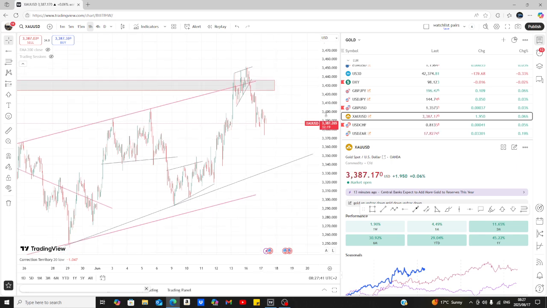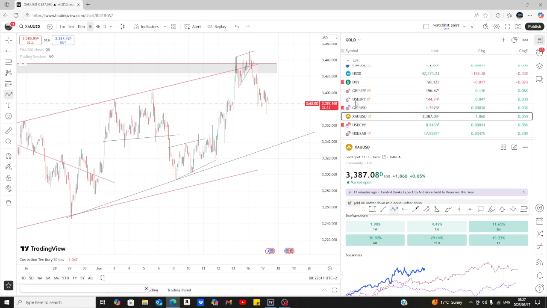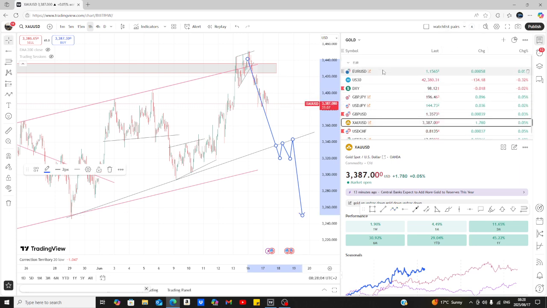So gold is looking to be bearish, possibly all the way to this zone right here. It's going to be interesting to see if we can get the breakout and a further continuation to the downside. That will be interesting for this week.